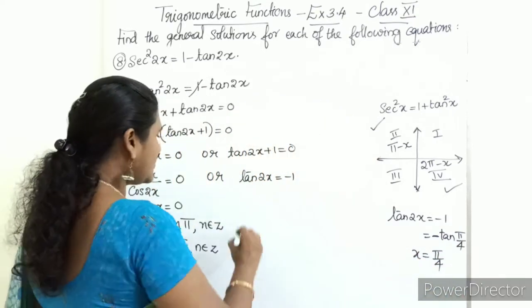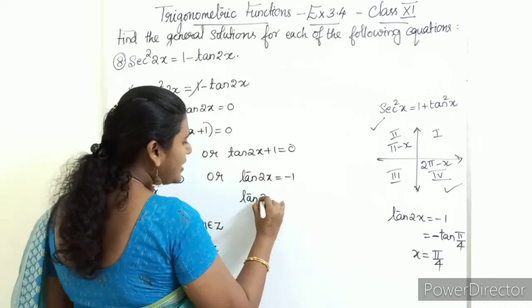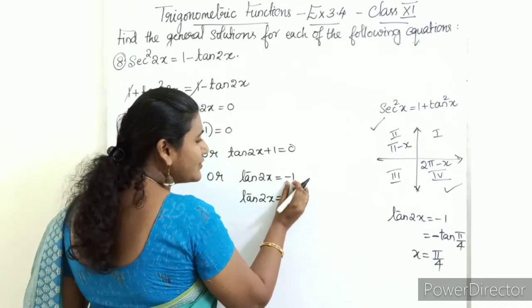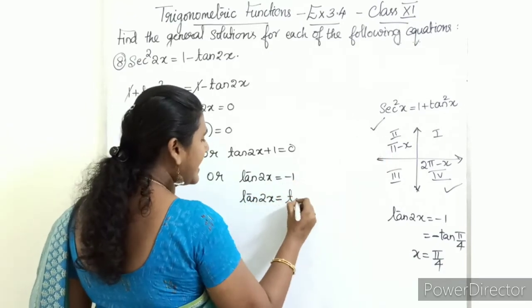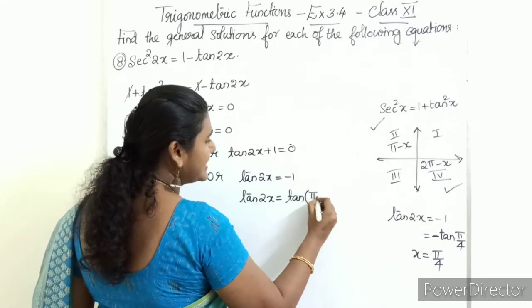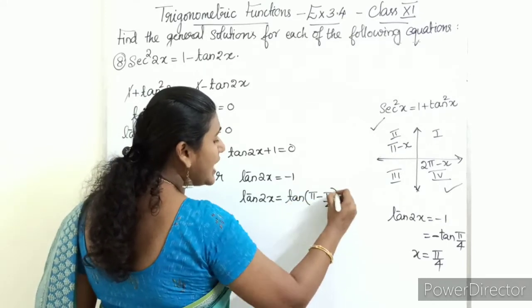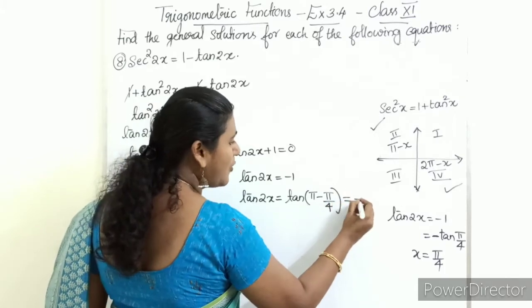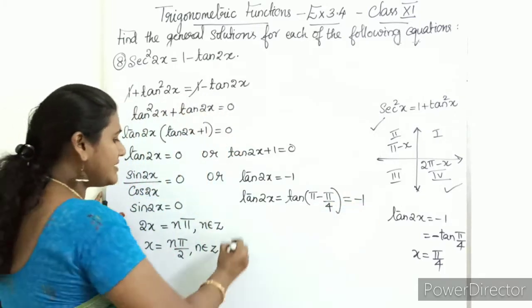Now we will write tan 2x is equal to, instead of this minus 1, the angle in the second quadrant, that is pi minus pi by 4, because this angle also gives minus 1.